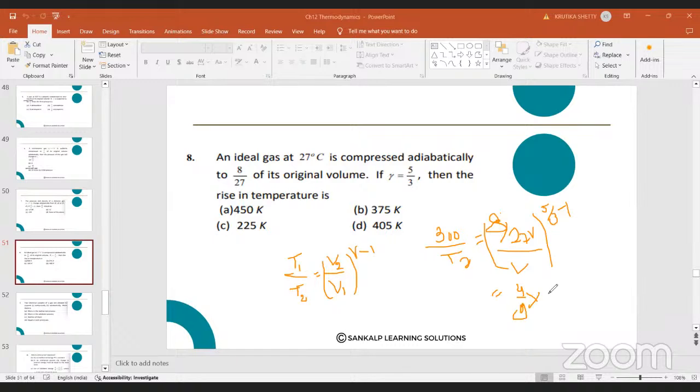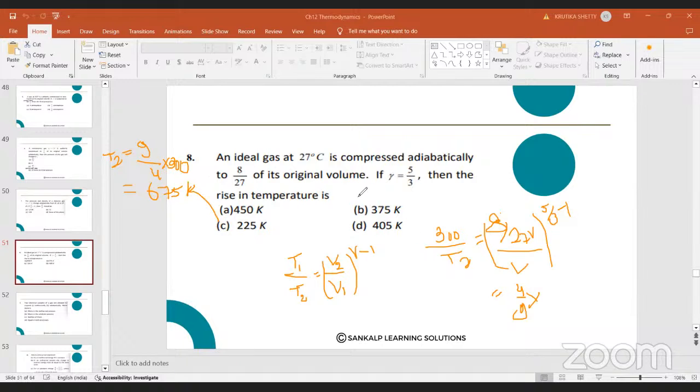And the T2 value you have to find out. T1 value is given, that is 300. Therefore if you transfer it, T2 is equal to 9 by 4 into 300. Therefore this is equal to 675 Kelvin.